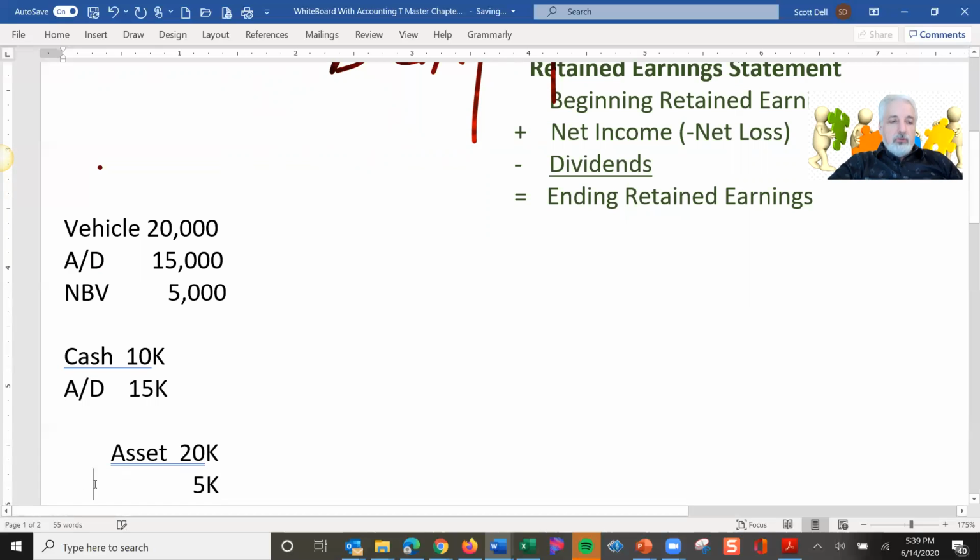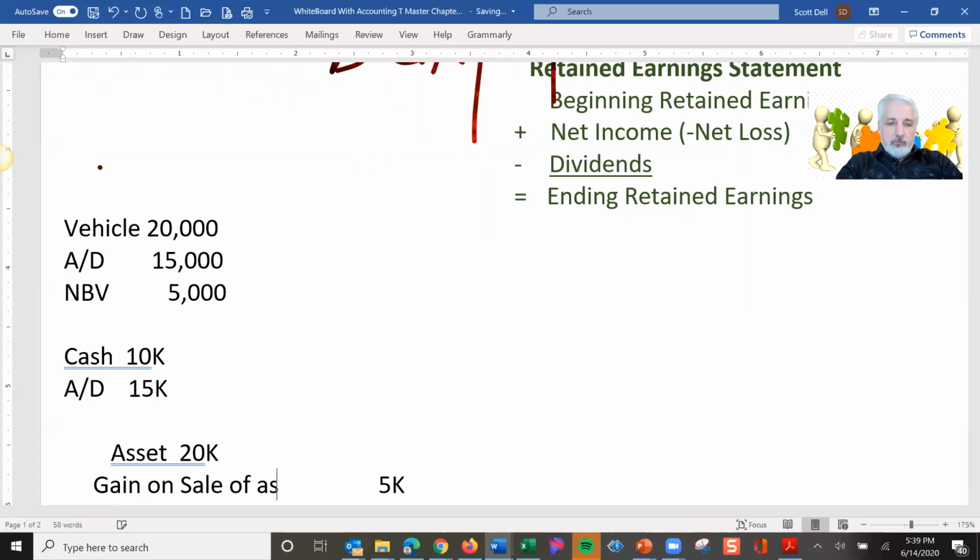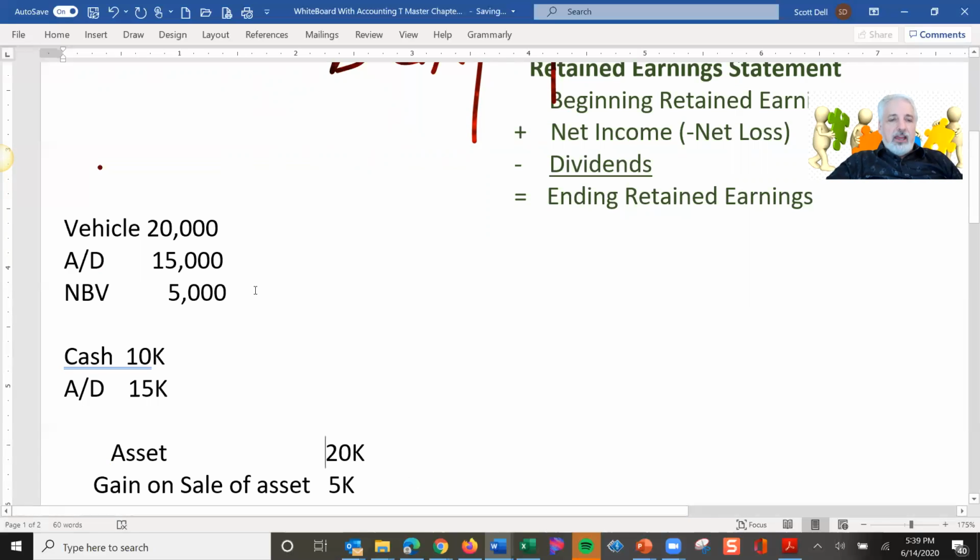I will tell you from experience, gain on sale of asset, $5,000. You can actually logically think about it, saying, I've got a book value of $5,000 here, and I sold it for cash of $10,000. That means I made $5,000.